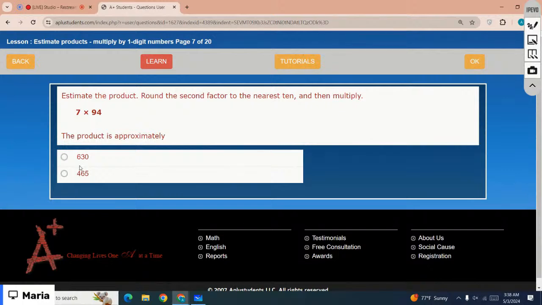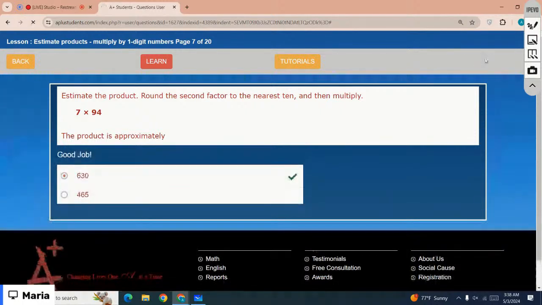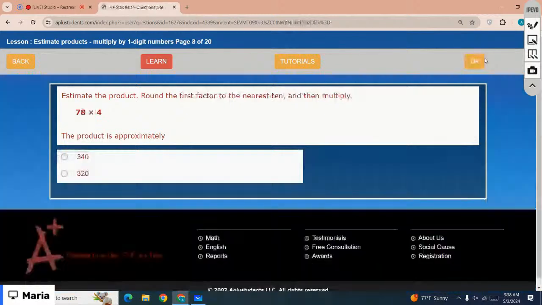94 times 7 is, yes, that is 630. Option number 1 is the correct option. 78 times 4 is, which is the correct option? You have to round the first number.